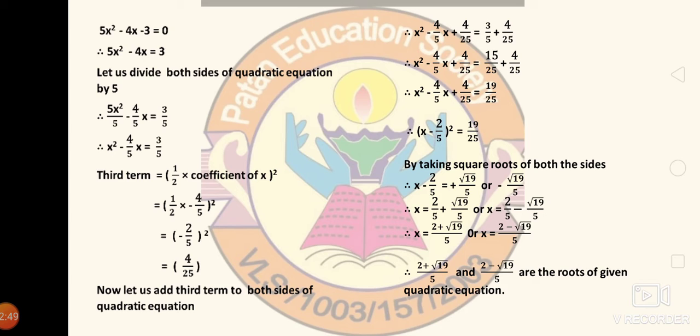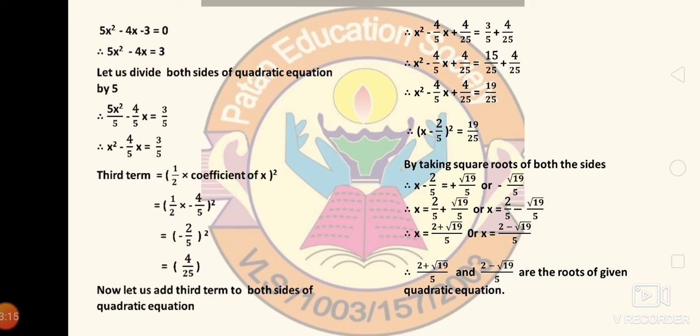Now after getting this third term, you have to add that third term to both the sides of the quadratic equation, by writing the sentence: now let us add third term to both sides of the quadratic equation. This sentence you have to write compulsorily before adding, and for that you need to get the equation from the step above.